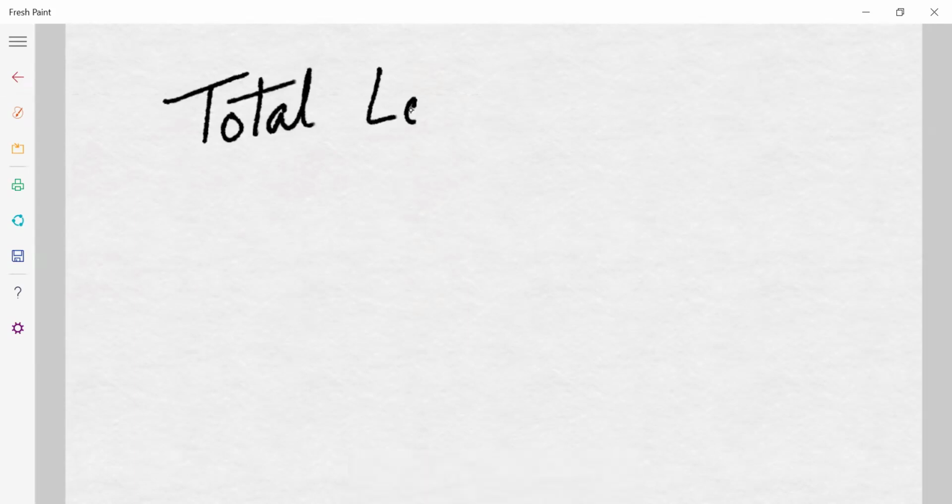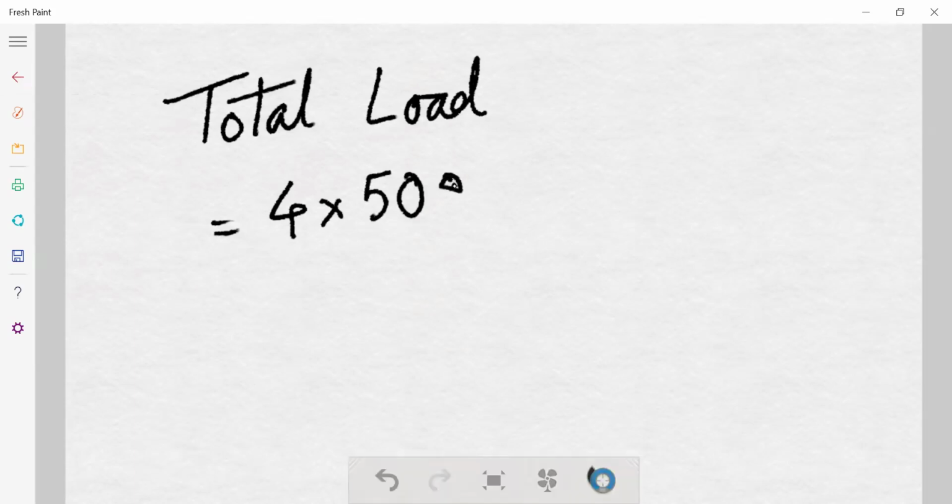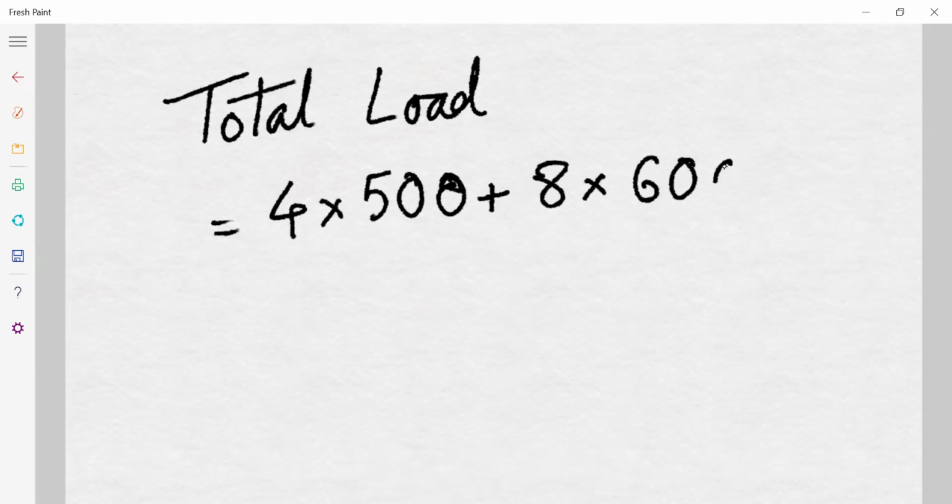So the total load, if I calculate, it will be total load 4 into 500 plus 8 into 600 plus 3 into 800.